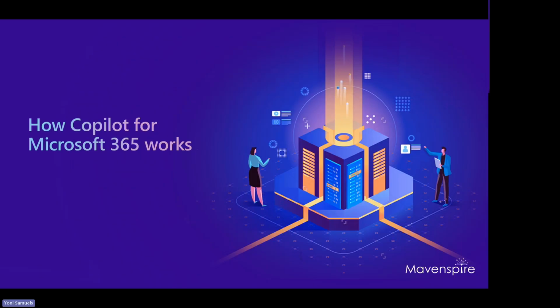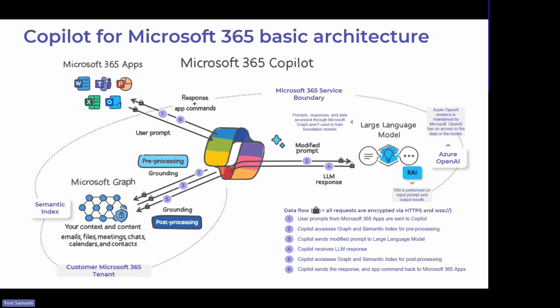So a brief technical overview of how Copilot for Microsoft 365 works. It looks like a little complicated image, but it basically takes your prompt from whichever app you're accessing it from, and it grounds it in the Microsoft Graph, which gives it some context based on your data.